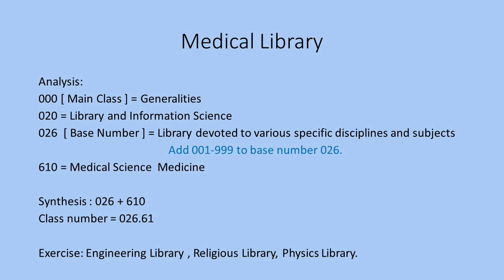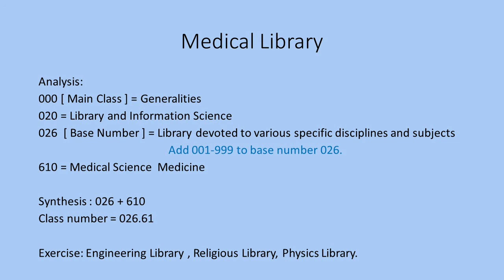Under generalities, 020 you will get the notation of library and information science. Under 020, in 026 you will get the notation of libraries devoted to various specific disciplines and subjects. If we need to add the notation of a specific subject of a specific kind of library, then you have to take this notation.